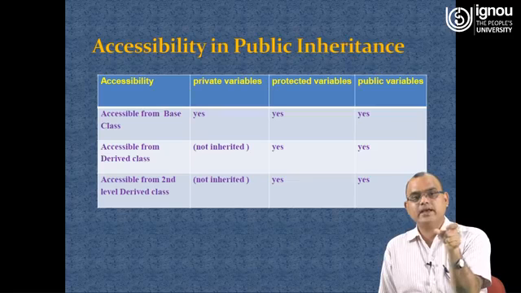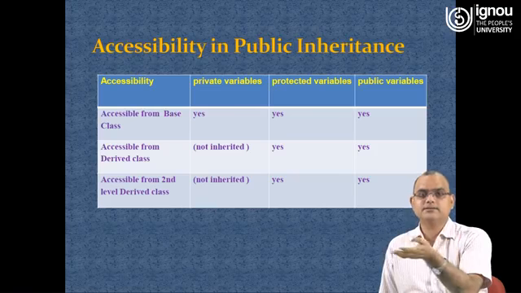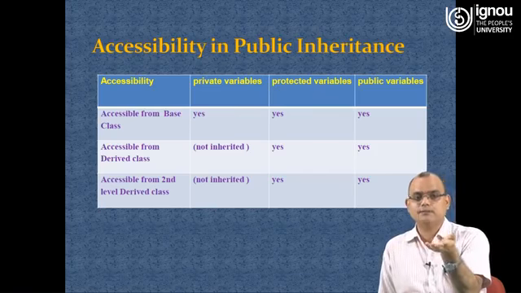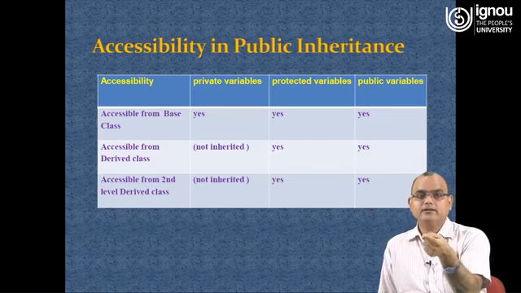From class A, anything private we try to access, obviously private of class A is visible to class A, protected of class A is visible to class A, and similarly public is visible to class A. Accessibility of the derived class: private is not inherited, protected can be yes, and public can be yes.